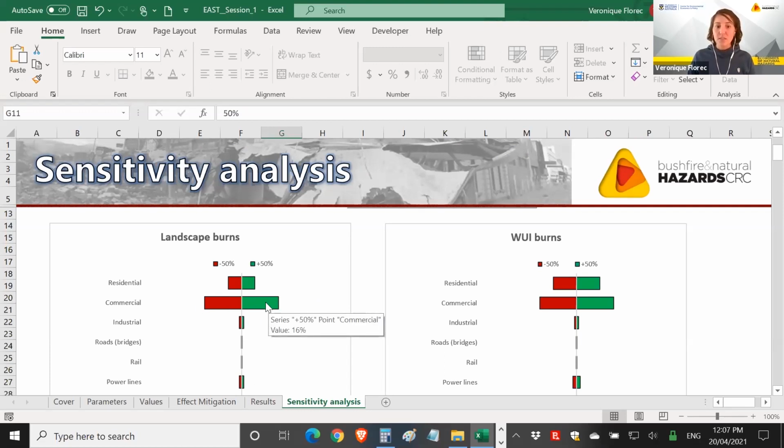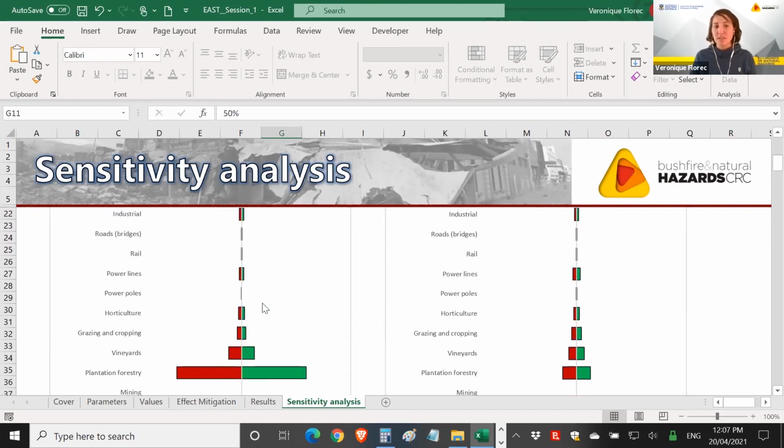If I increase the value of commercial buildings by 50%, my net present value increases by 16%. What is that telling me? That if I increase the value of commercial buildings by a lot, my net present value increases, but by less than the change that I have made. So it's not 50%, it's only 16%.